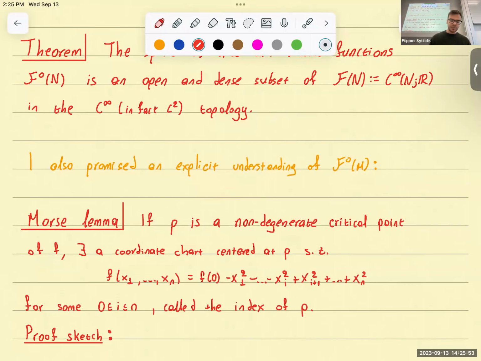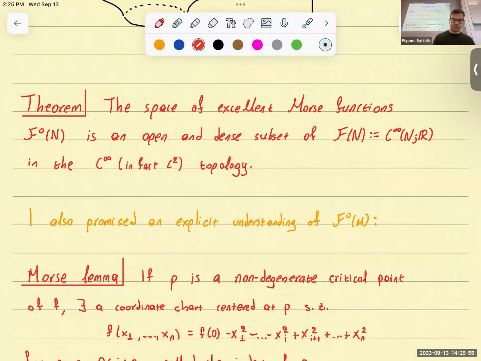Okay. Before I go into what's going into the proof of this theorem, which I think is a very beautiful story that involves small machinery that Tom built, I promise that one of the things that makes these F0, F1, F2 useful is that we can get a very explicit understanding of them.